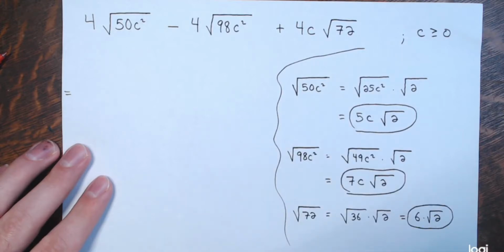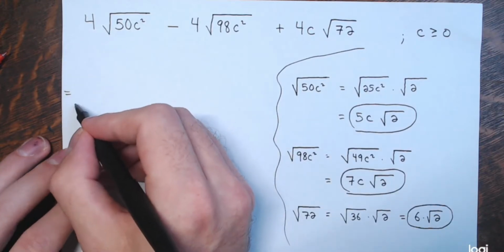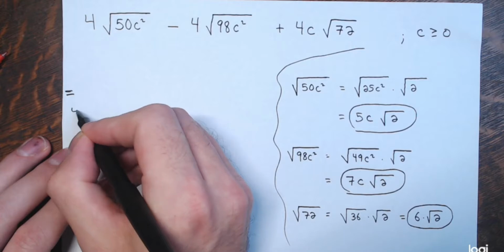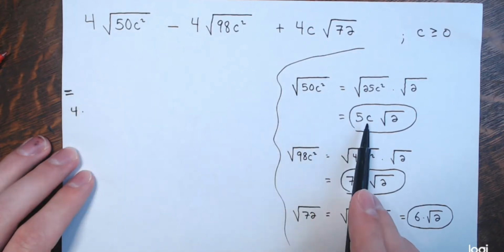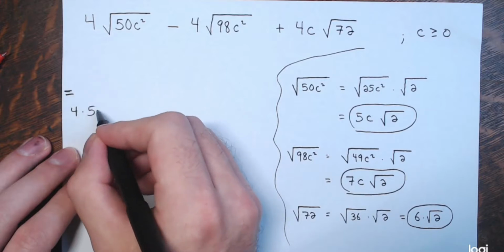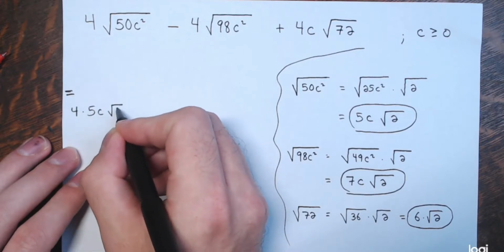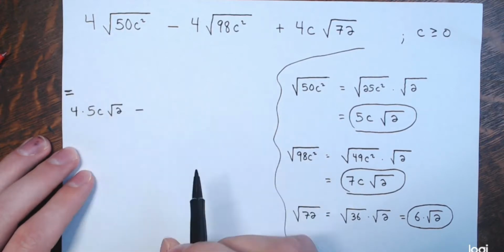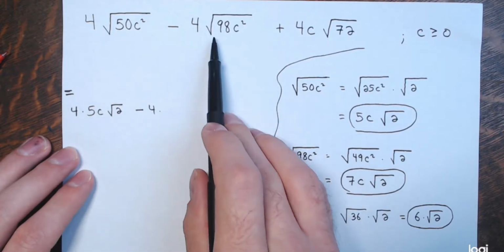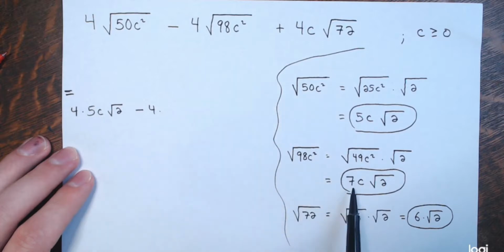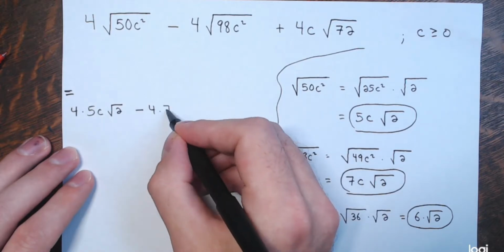Alright, so we have 4 times, and then the square root of 50c squared is replaced with 5c times the square root of 2. Minus, and then 4 times the square root of 98c squared is 7c times the square root of 2.